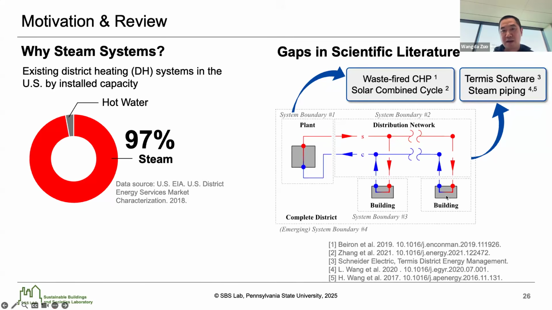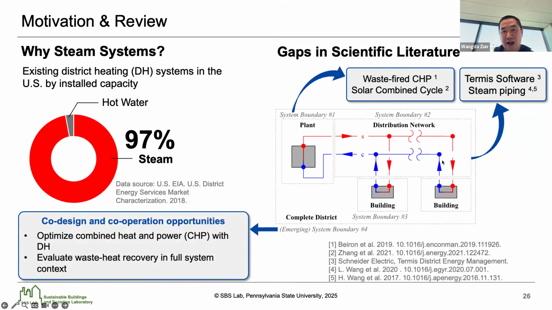Also, people work on different software to design the steam piping network to make the system more efficient. And there's also some work with the system boundary at the building side. But there is no work which covers the entire system, from the plant to distribution to the buildings. So that's really our goal here, trying to create a complete system modeling framework so that we can do entire optimal system design and operation.